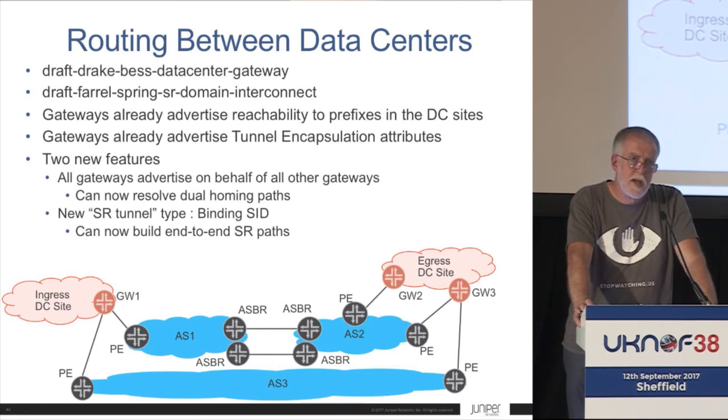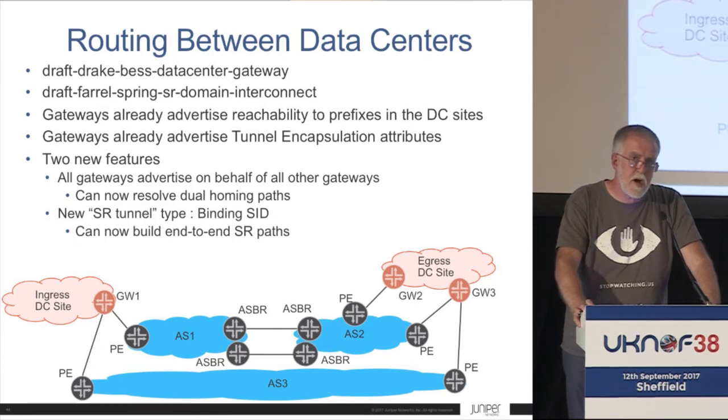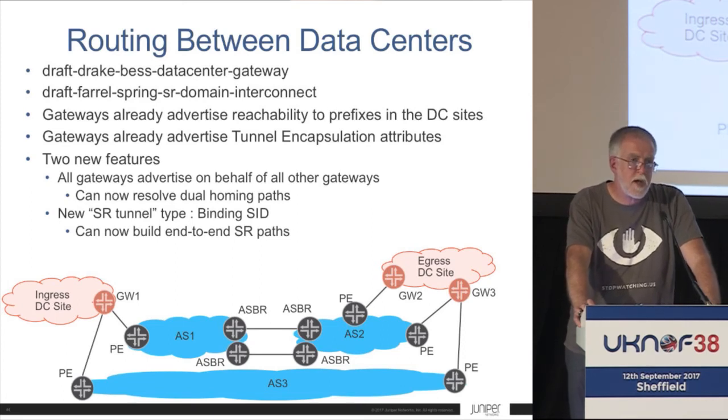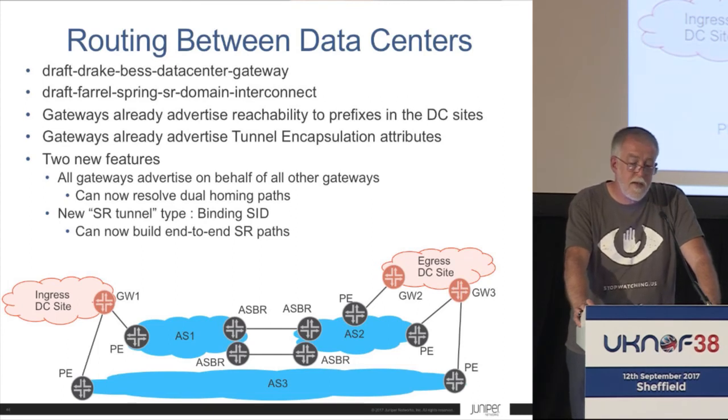And rather than just have BGP picking BGP's best path, you need to allow those multi-homed access gateways to be advertised right the way through so that you can see them end-to-end and choose a path. Turns out to be a couple of almost trivial extensions to BGP to do this, and there's a couple of drafts out there explaining how that can all be put together almost for free.